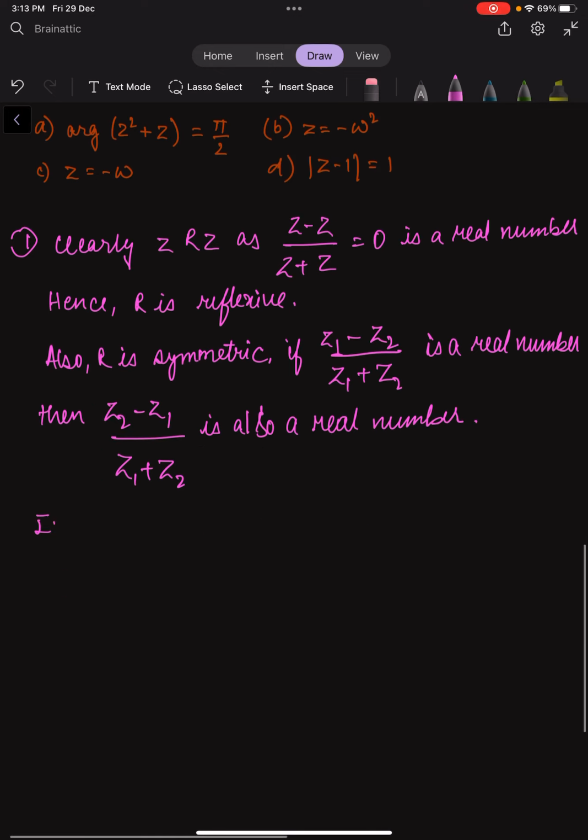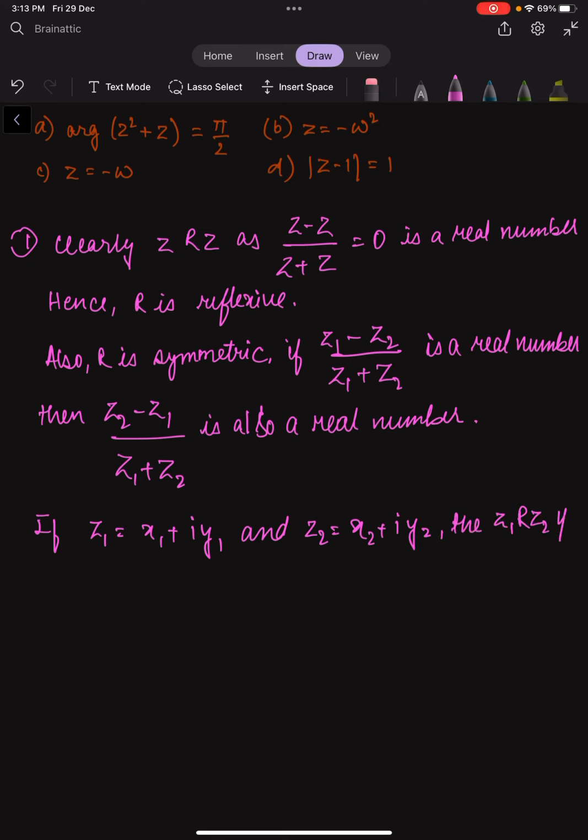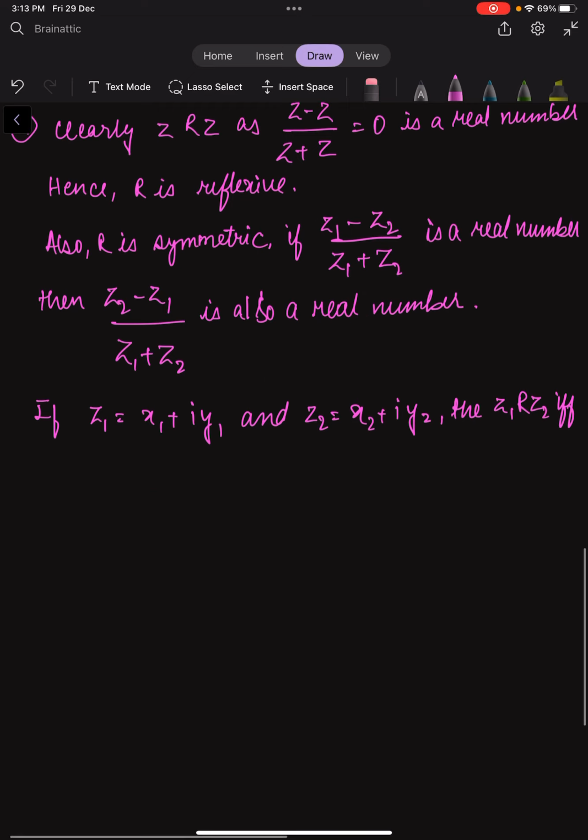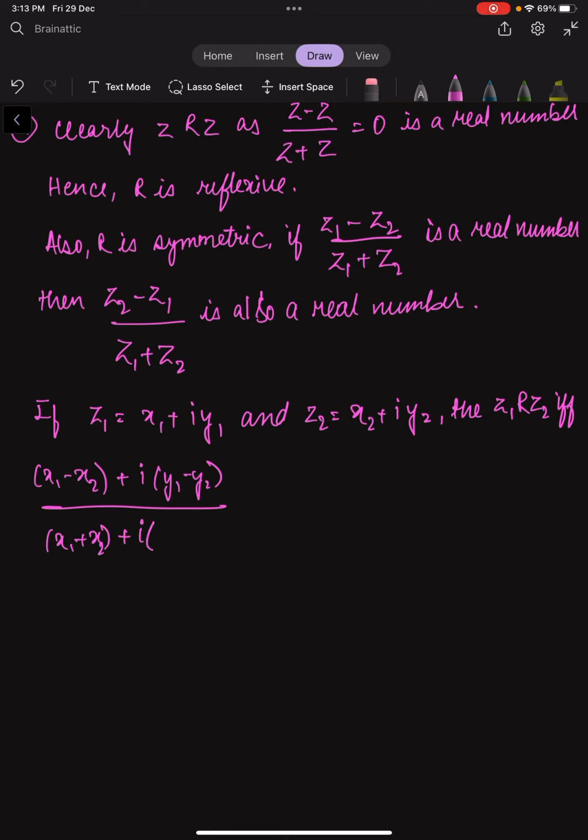Now, if Z1 is equal to x1 plus iota y1 and Z2 is equal to x2 plus iota y2, then Z1 relates to Z2 if and only if (x1 minus x2 plus iota (y1 minus y2)) divided by (x1 plus x2 plus iota (y1 plus y2)) is a real number.